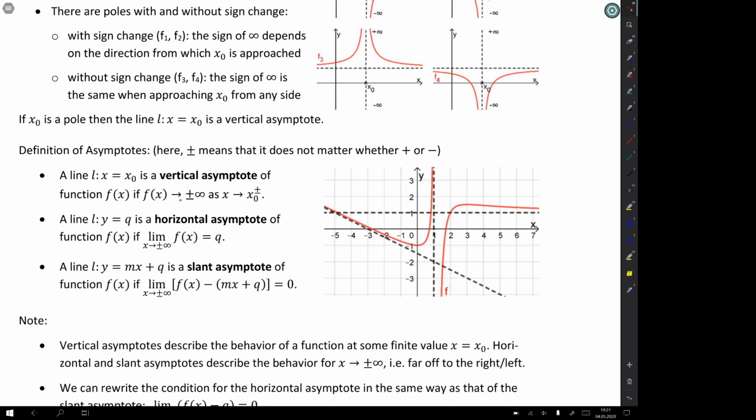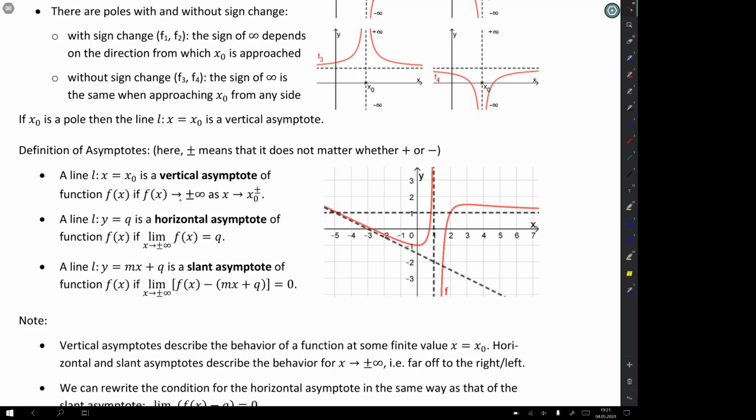So we have a vertical asymptote x equals x0 if the function f of x diverges to plus infinity or to minus infinity when it approaches the x value x0. So it doesn't have to be on both sides diverging. It could even, in theory, on one side not diverge. Typically it is diverging on both sides.